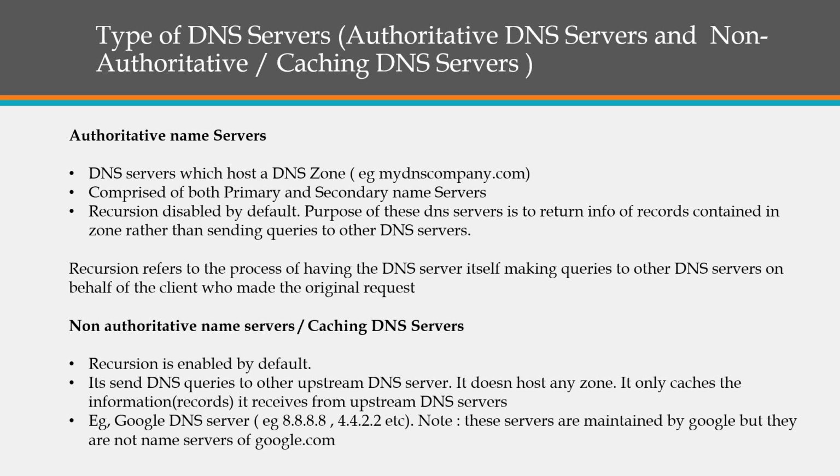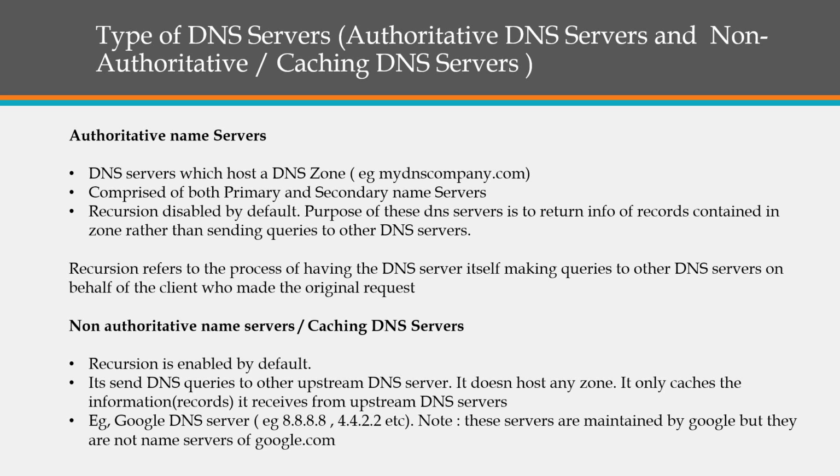But for all this to happen, recursion has to be enabled. Recursion is a setting in a DNS server, and that setting has to be enabled for this to happen.